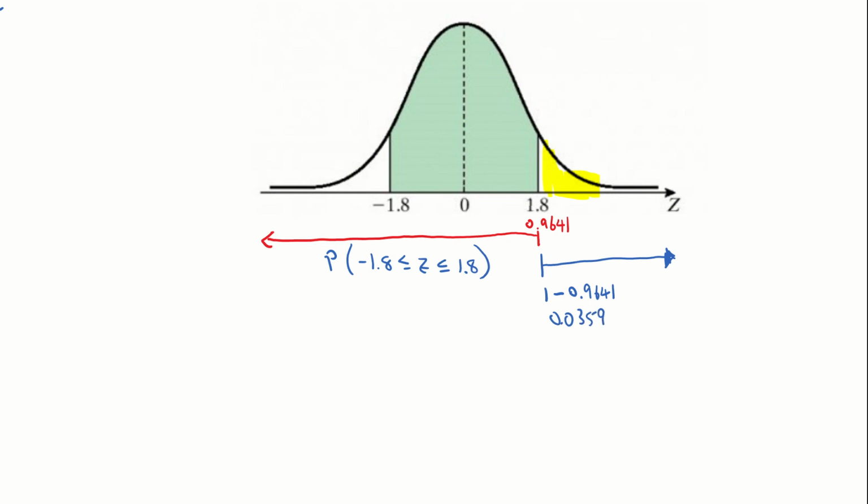Now, again, remember, if we go back to our red line, we have all of that region being 0.9641, and I want to cut out that little yellow portion, which is the same as this one here, which is now going to be a percentage as a decimal, 0.0359, and when I take them away from each other, I'm getting 0.9282.